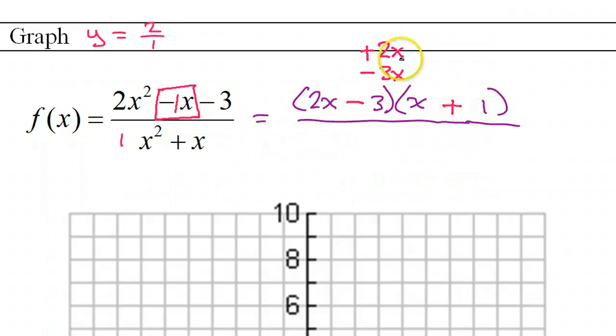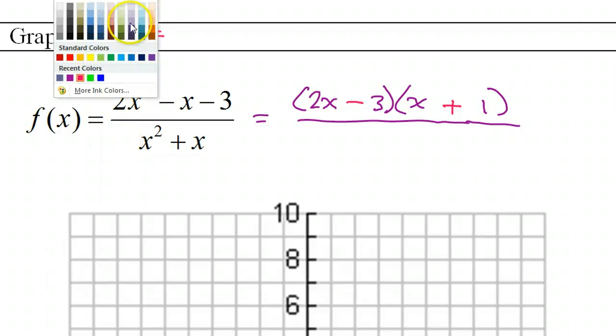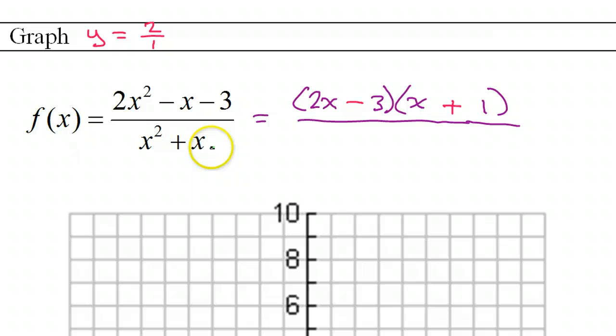So we have factored it correctly. Now as far as the denominator, GCF. x is common, so I'm just going to pull out that x, and that's going to leave behind x plus 1.